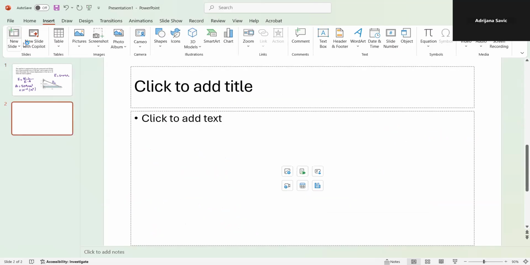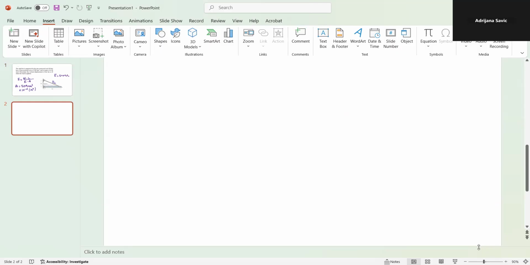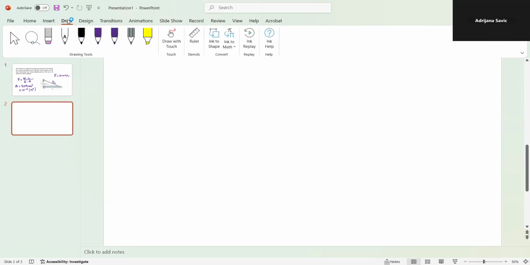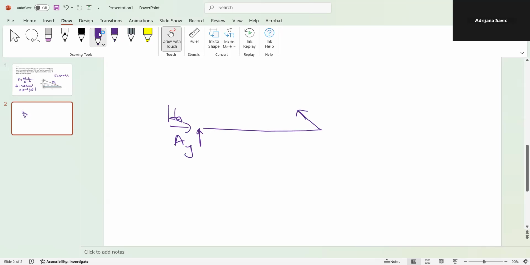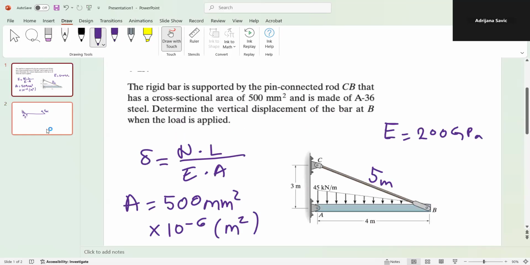Firstly, what I usually say to my students is that they have to draw a free body diagram. According to this system, you will have a vertical force AY, a horizontal force HA, and a force from B to C, and we have a distributed load, which is given here as 45 kilonewton per meter, and a length of 4.